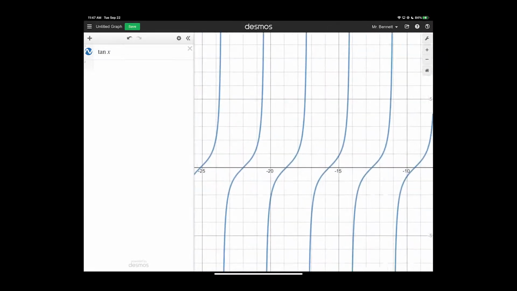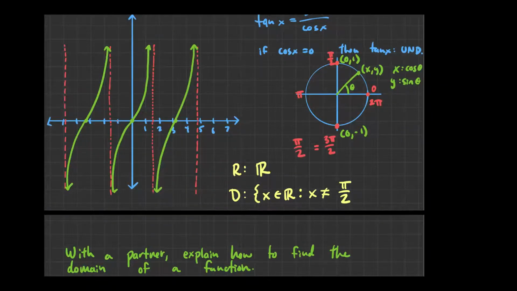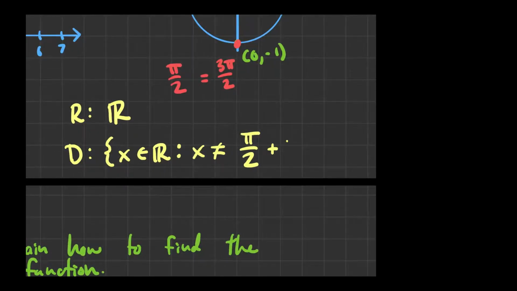Like I said, it has a period of pi, right? So every pi radians, we get the same thing all over again. So because we know what the period is, we can say that every pi radians, we get another asymptote. So what I'm going to say is plus k times pi.